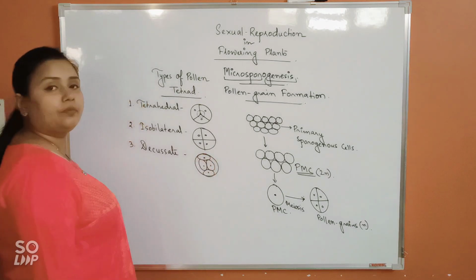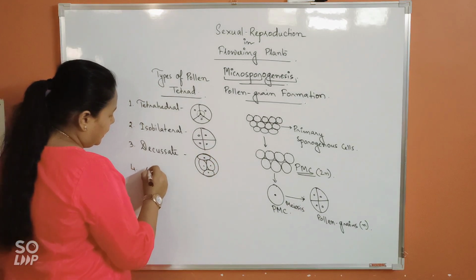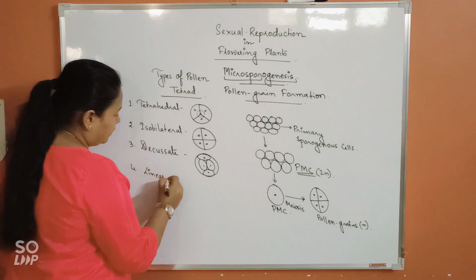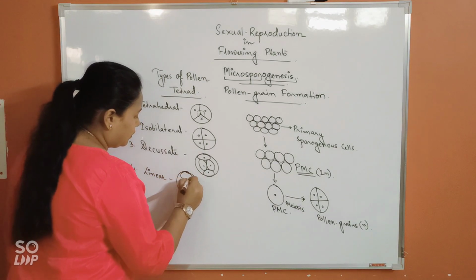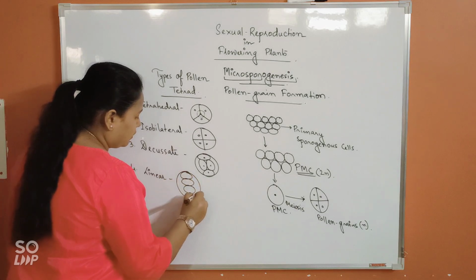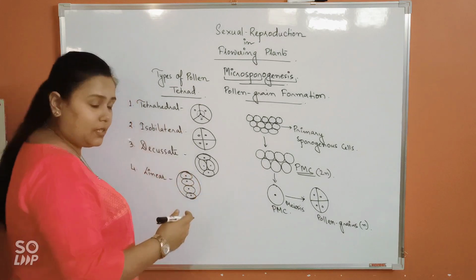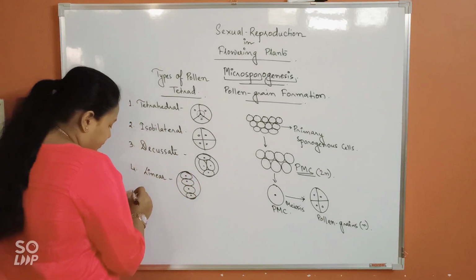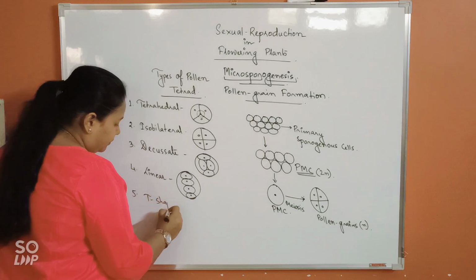Alright. Next, rectilinear, as in straight, and the fifth one is T-shaped.